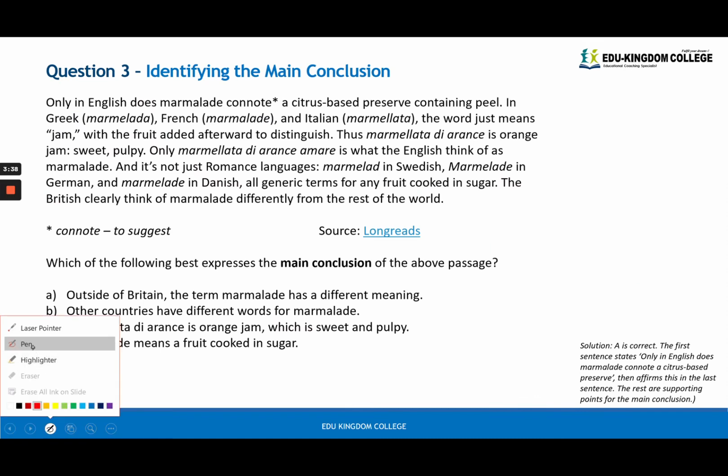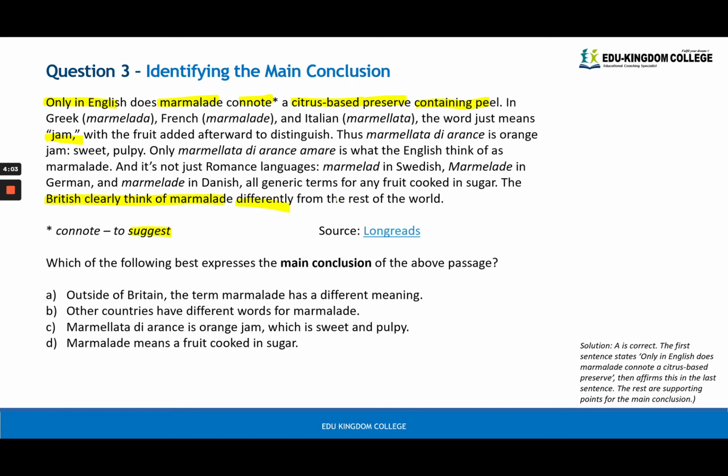Okay, so what is the main conclusion here? Let's highlight. We know that only in English does marmalade connote or suggest a citrus-based preserve containing peel. In other languages, it just means jam. So you can see what all the other languages, and it says not just Romance languages. All the British clearly thought of marmalade differently from the rest of the world.